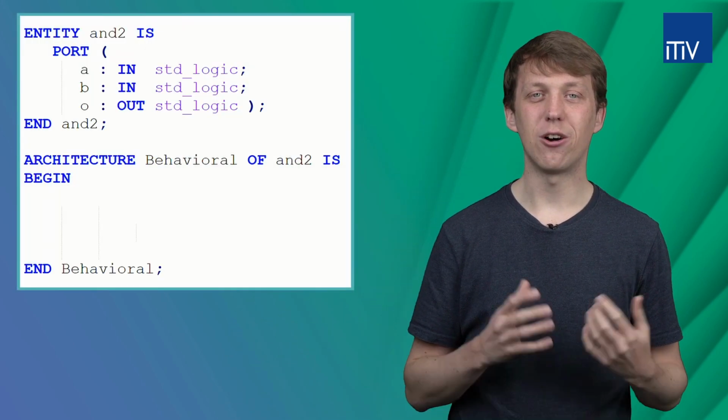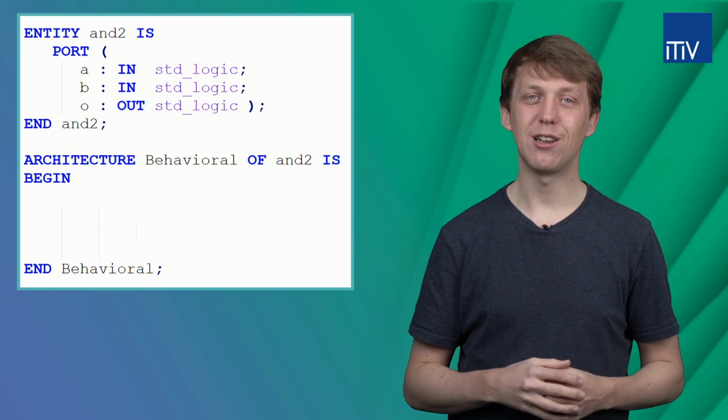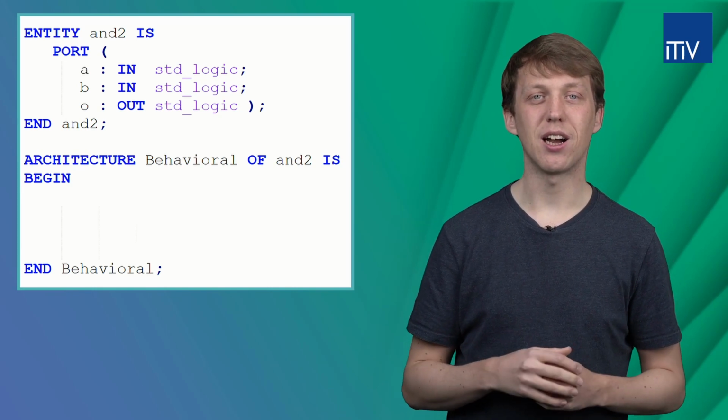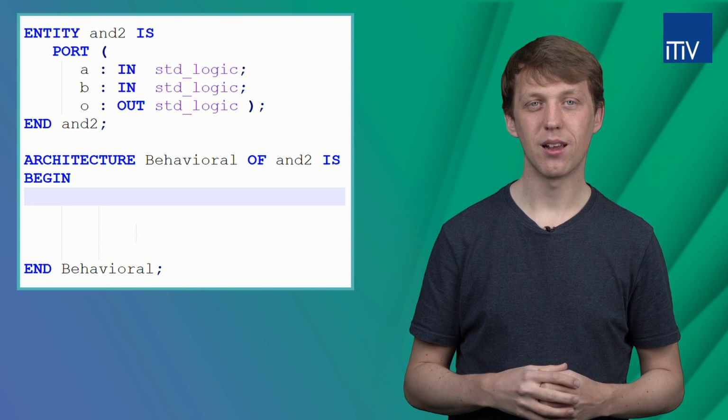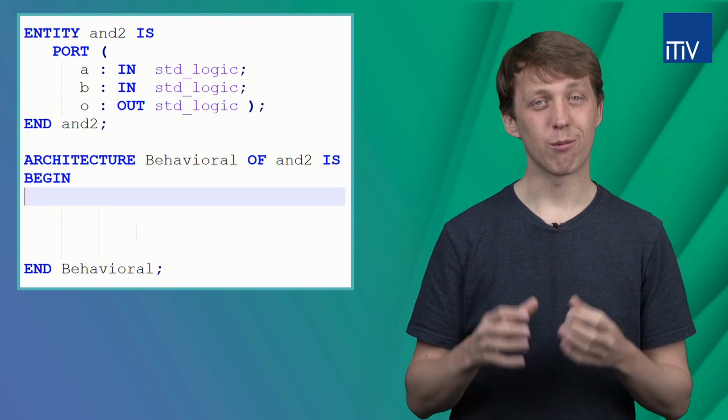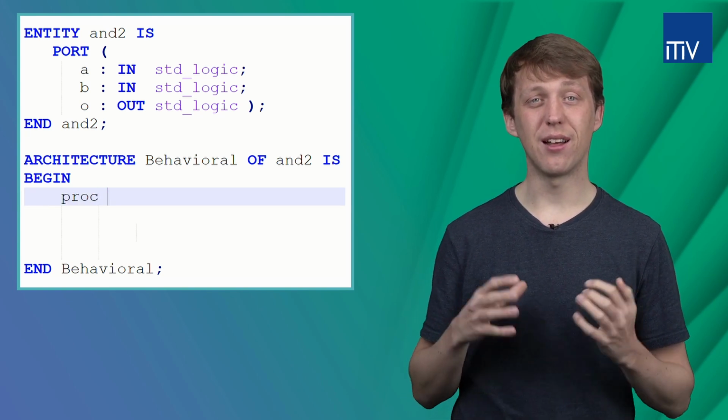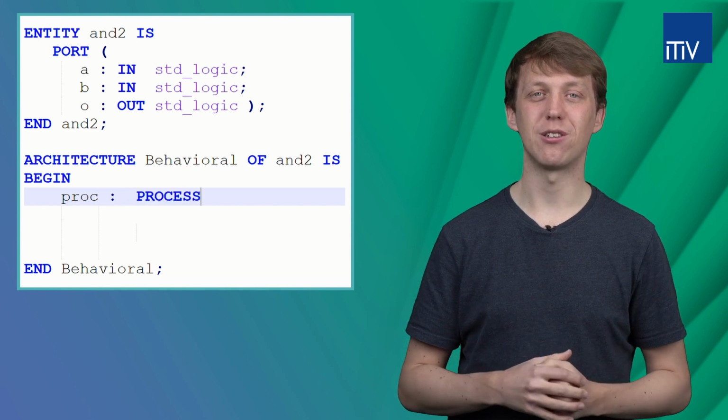Let's have a look at a simple example to get an idea of how a sensitivity list is implemented. As you can see, I already set up a simple entity definition and an empty architecture. To use a process, we first name the process and then use the process keyword.